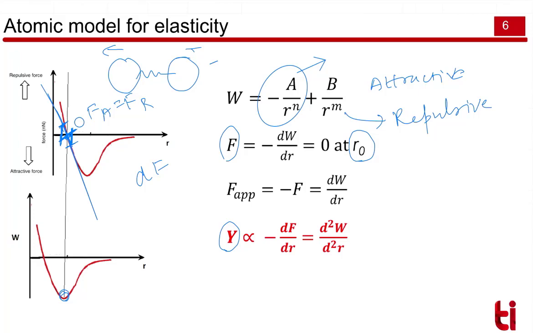This is the change in bond length, and this is dF by dr, which is equivalent to Y. So you can say Y is proportional to dF by dr, which we are writing here, and this is d2W by dr2.